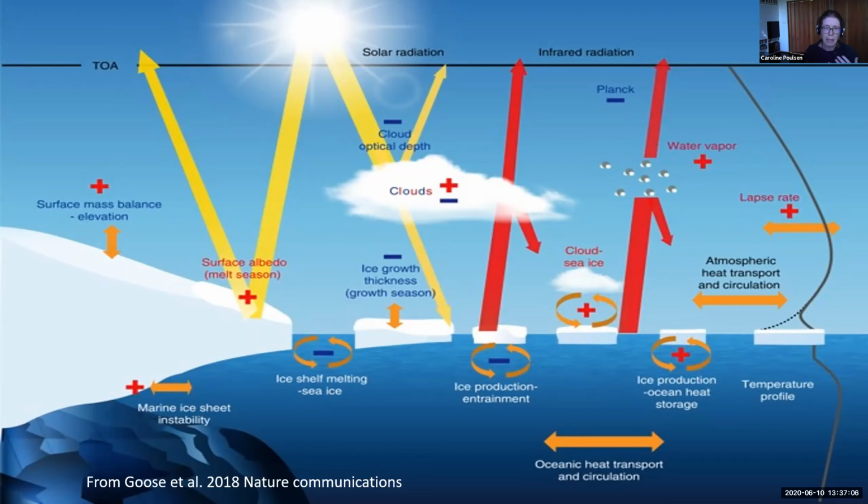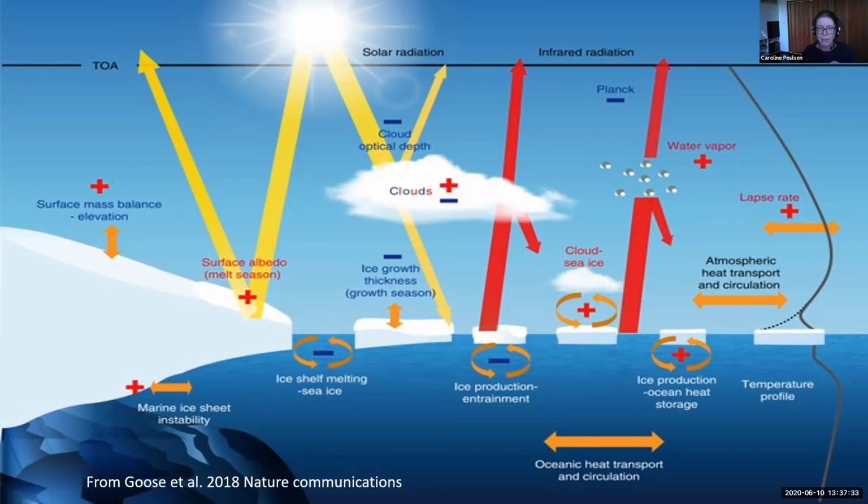And you're probably very familiar with some of the feedbacks, such as when ice and snow melts, it lowers the surface albedo, the surface becomes darker, which leads to an increase in absorption of solar radiation and amplified warming. Or how perhaps in a warming climate, the amount of water vapor in the atmosphere increases, and this amplifies the greenhouse effect and leads to further warming.